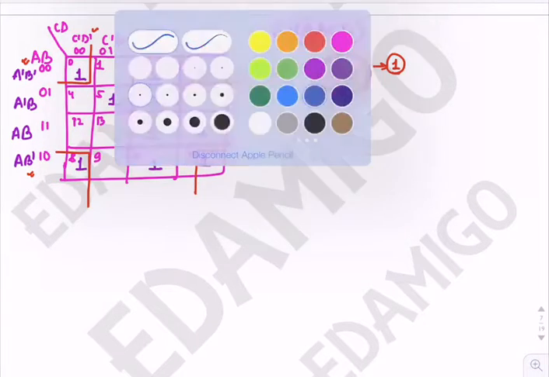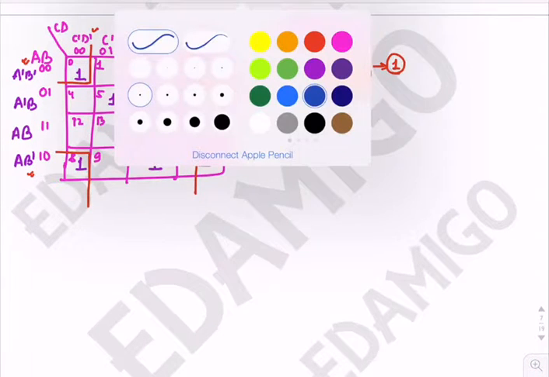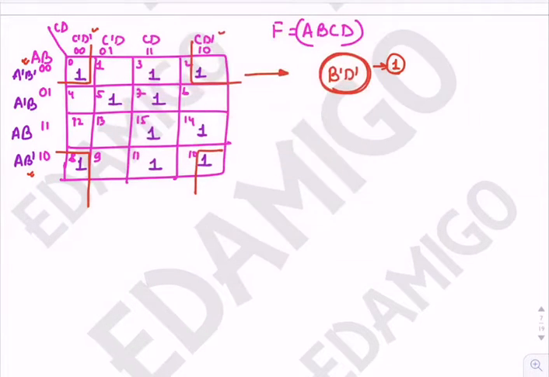Okay, so for the second color I will use orange. This is the second one possible here, and the second one will give me C D. So this was first.